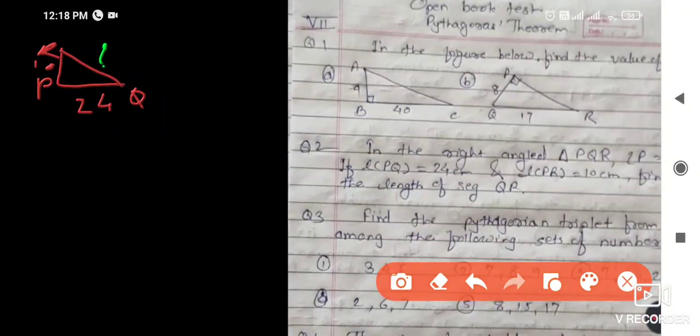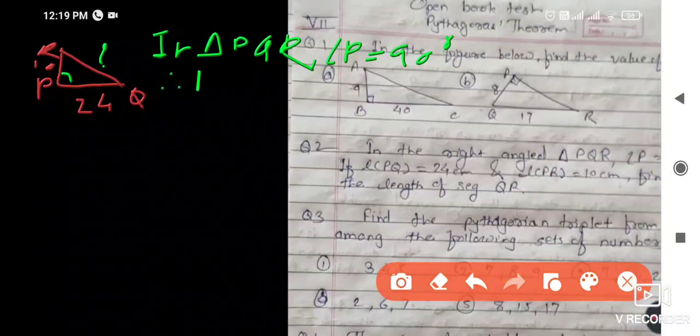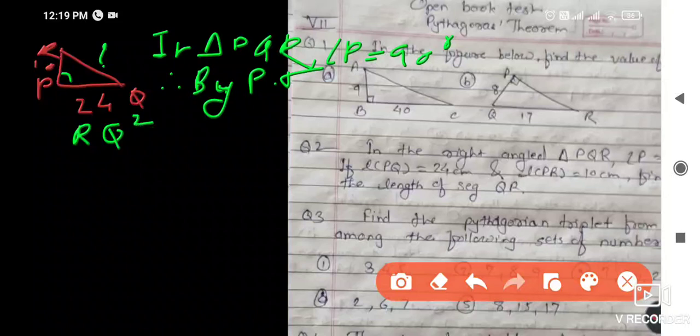So we write: in triangle PQR, angle P is equal to 90 degrees, therefore by the Pythagoras theorem, hypotenuse square, meaning RQ square, is equal to PR square plus PQ square.